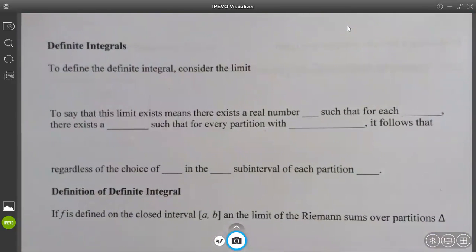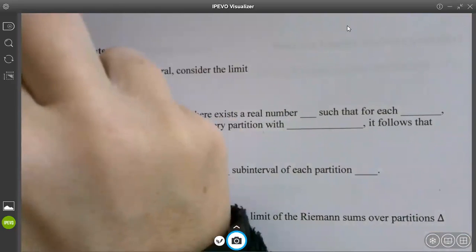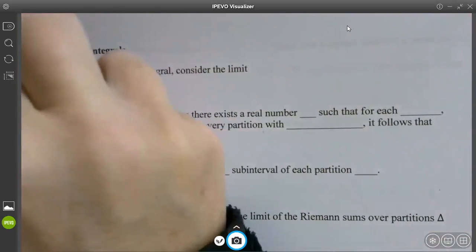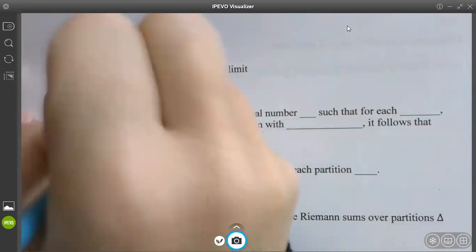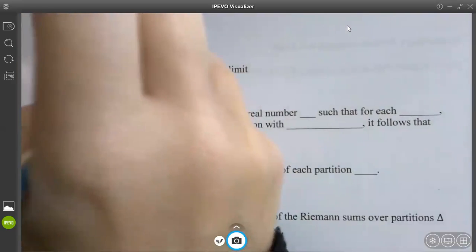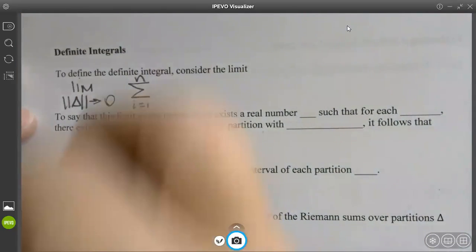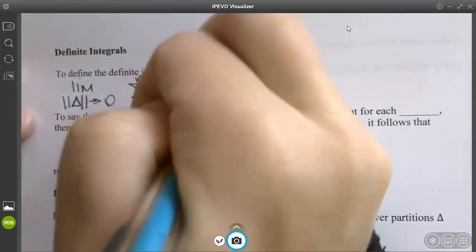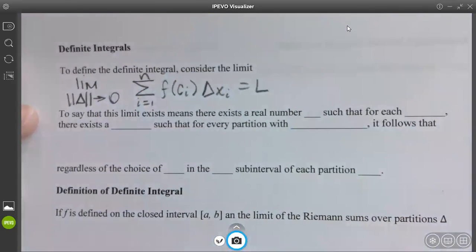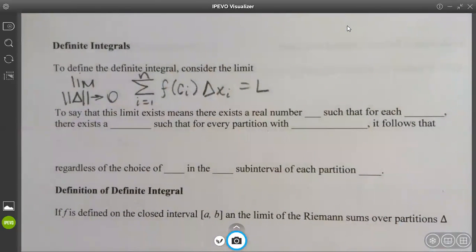To define a definite integral, consider the limit as delta approaches 0 of the sum from 1 to n of f of ci delta xi equals L. Got to remember back when we were doing limits a long time ago, there was the one with the definition of a limit. This is going to come in right here. But again, it's just kind of relating it back. It's not really anything that you're going to do.